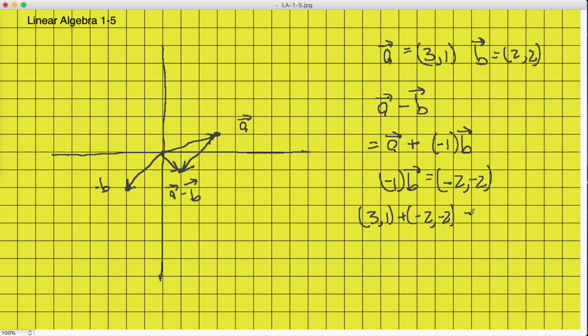Well, that's going to get me a 3 minus 2. And over here, it's going to get me 1 minus 2. And that's equal to 1, minus 1. And we can see over here that that's exactly where we are. We're at 1, minus 1. So that is vector subtraction.